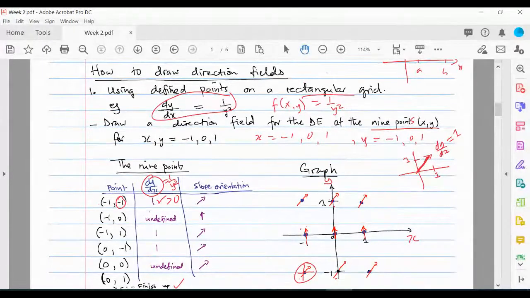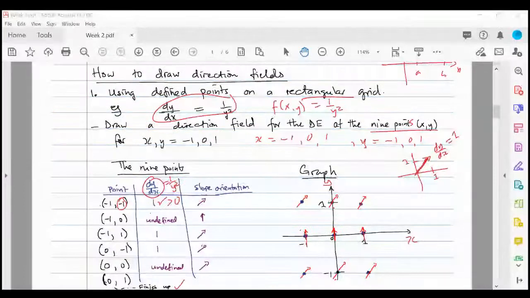So that's why we have this orientation there. Then we go to (-1, 0). It means substitute the derivative when y is equal to 0.